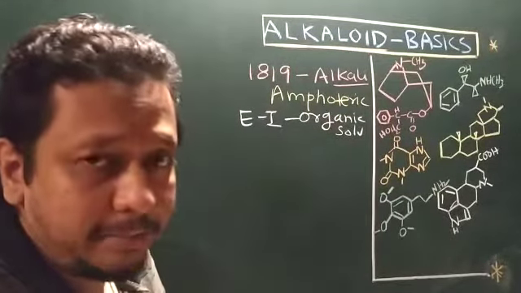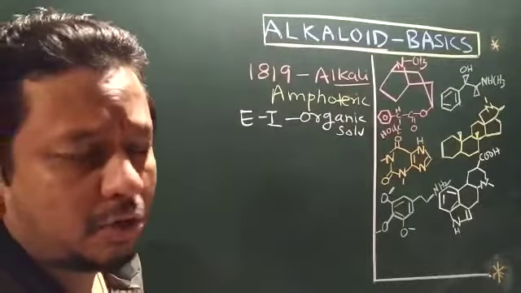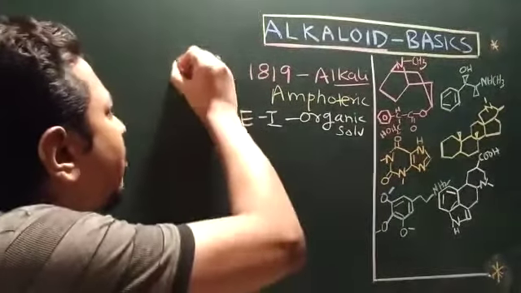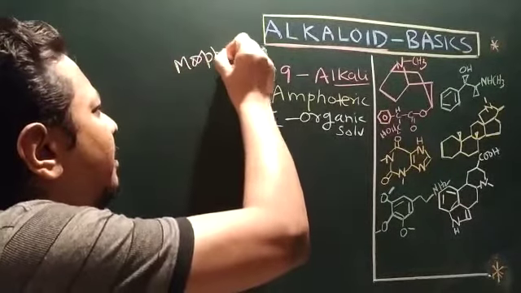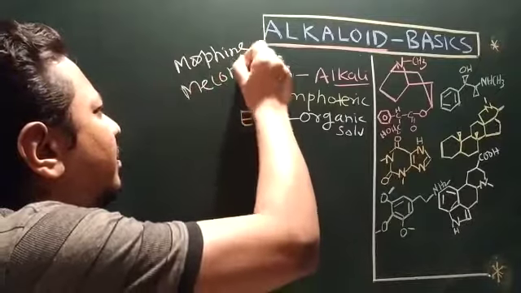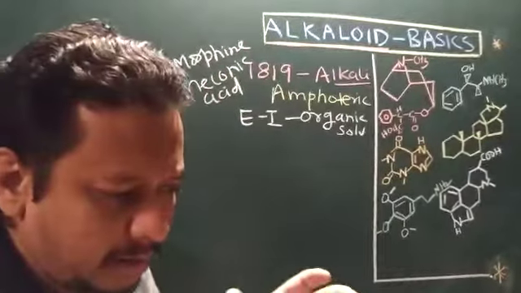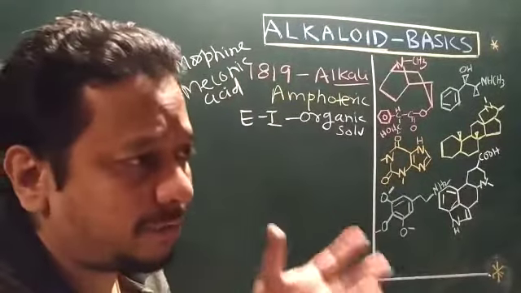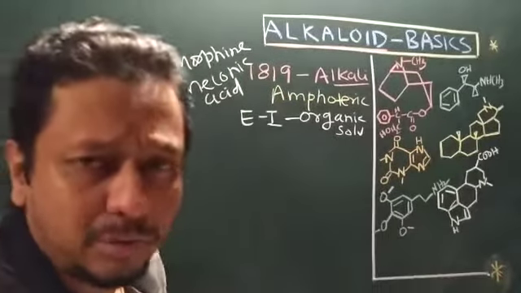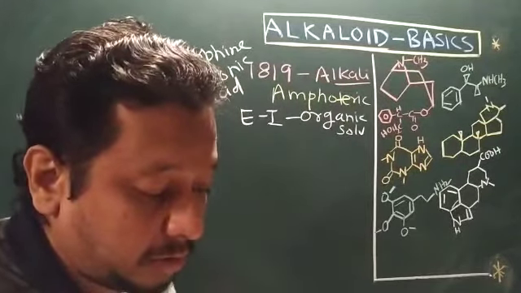the alkaloid's free base. Since it is a weak base, it is often associated with an acid to form a salt. For example, morphine can be found as a salt of meconic acid. It's one type of GPAT question. Similarly, any alkaloid associated with a salt form means it is associated with acids, weak acids, or maybe little strong acids.